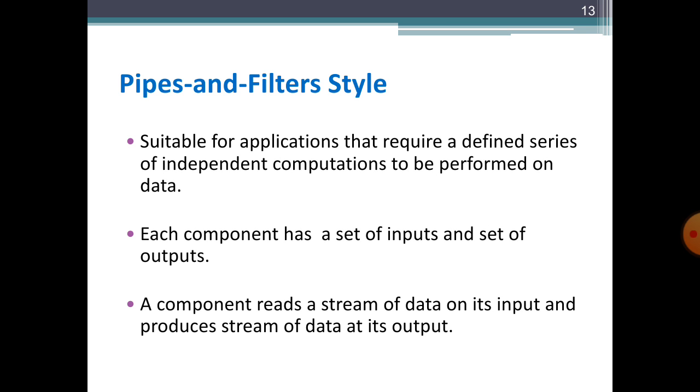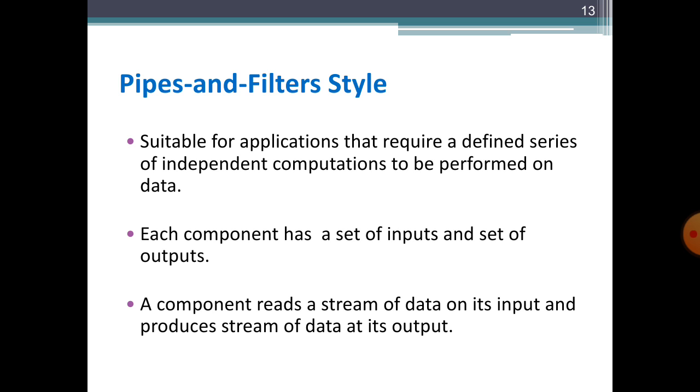So let's discuss its style as well. This kind of pipe and filter architecture is normally suitable for applications that have a defined series of independent computations, or where we have a specific number of predefined stages to generate related outputs. In such scenarios, it is normally useful to utilize this architecture.